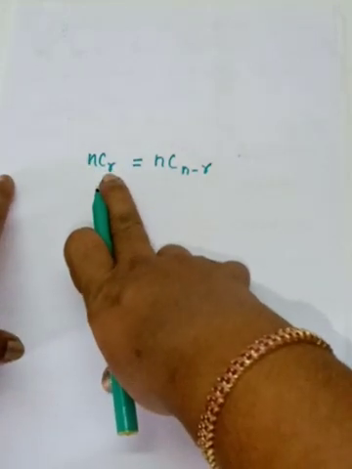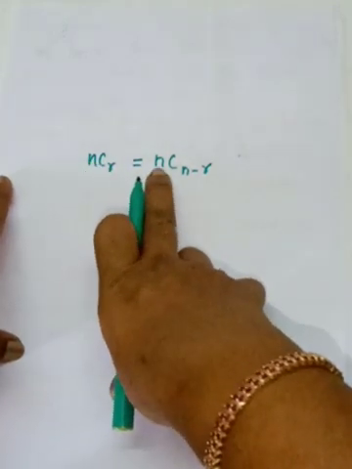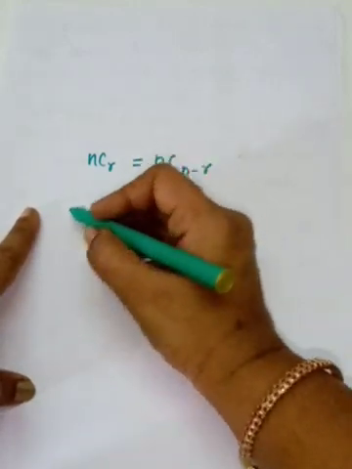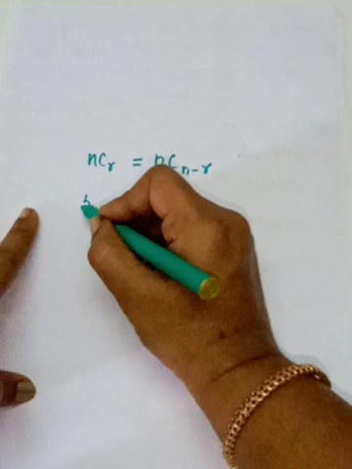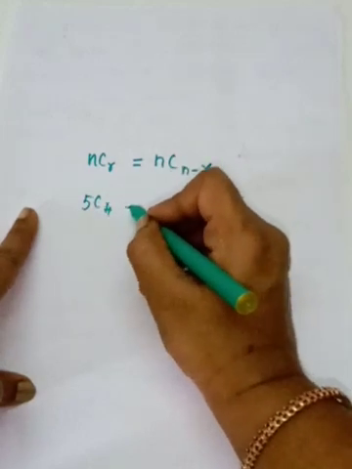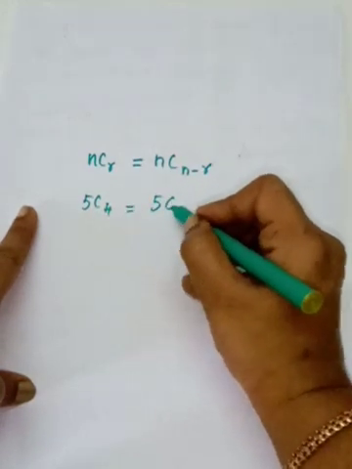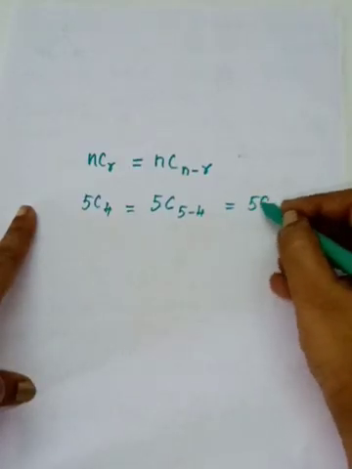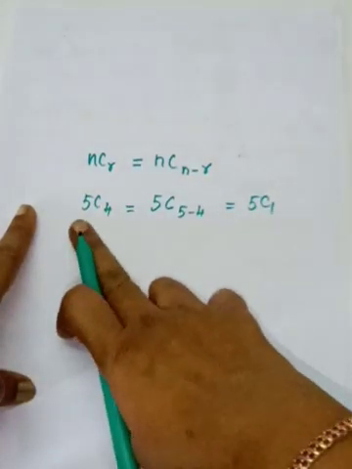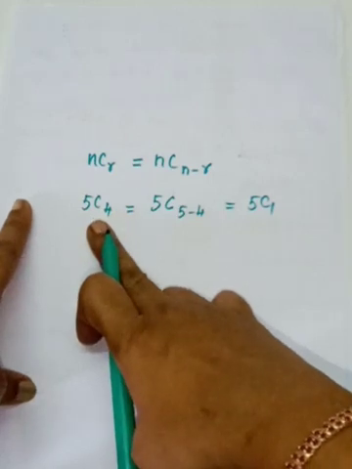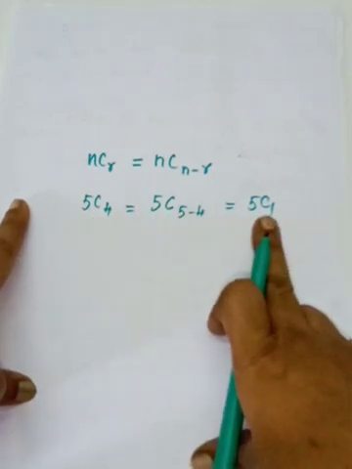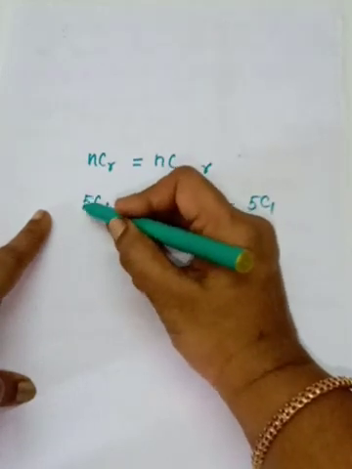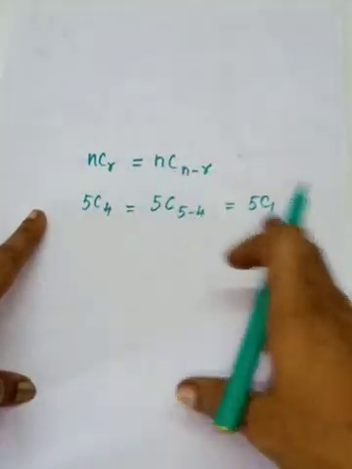So NCR is equal to NCN minus R. You see that 5C4 can be written as 5C5 minus 4. 5 minus 4 is what? 1. Both combinations are the same. Whatever answer 5C4 has, the same answer is for 5C1. So therefore, when R is very close to N, you can use this formula.